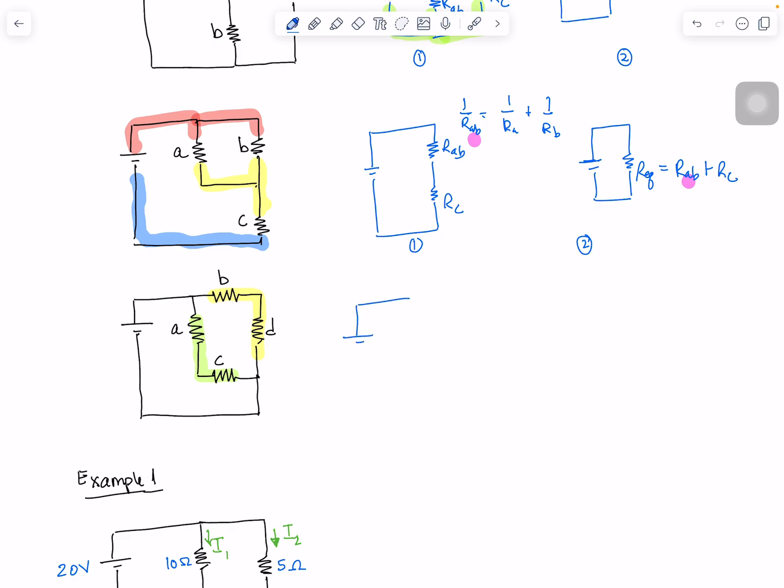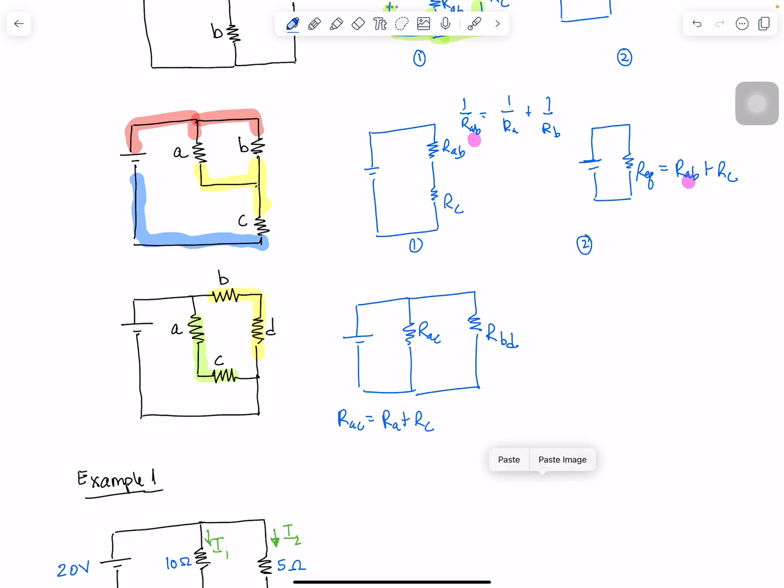So I can convert this, as my first step, into one resistor that's RAC and another resistor that is RBD, where RAC is equal to RA plus RC, and RBD is equal to RB plus RD.